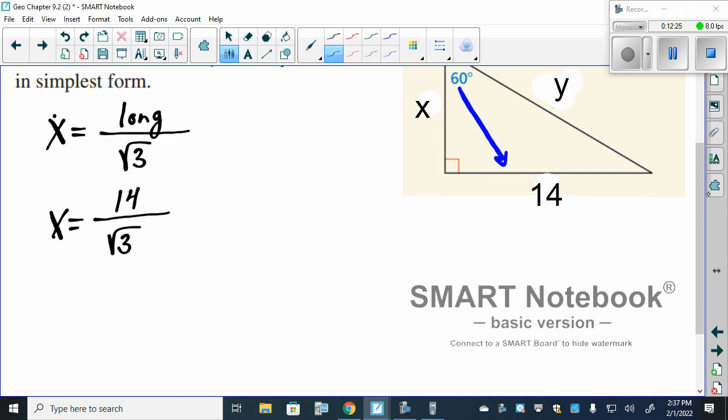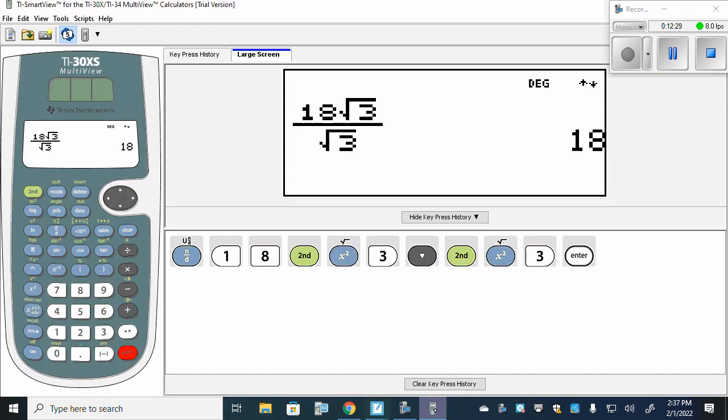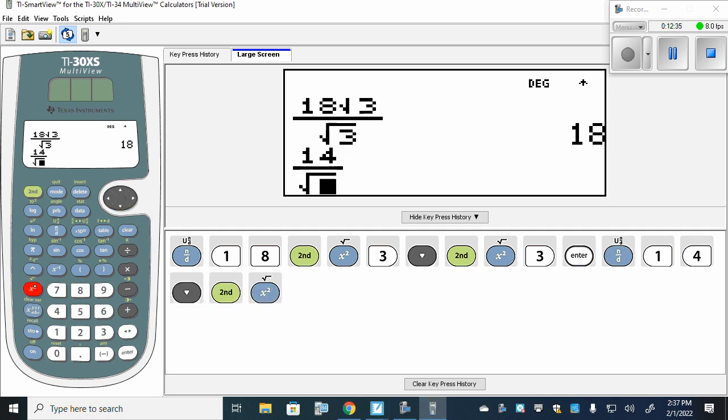So we can't just simplify and cross them out. But we can still divide it. So we can bring up the calculator and do 14 over square root of 3. 14 square root of 3 over 3. And that's it.